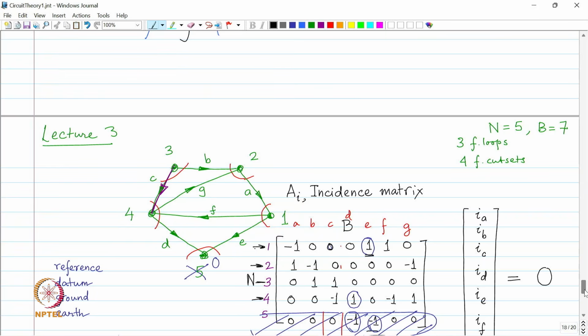At node 0, I am going to call it 0 volts, just because I have called it 0, it is ground. Node 1, the voltage I am going to call V 1, then V 2 at node 2, V 3, V 4. And then what is V A?